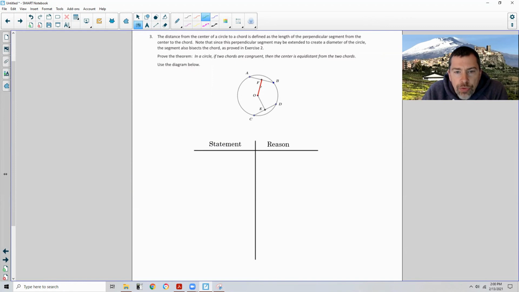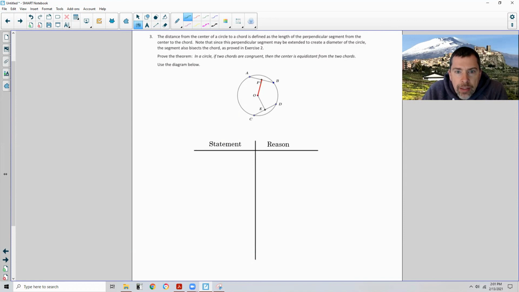So we just proved that if we drew a line from the center of a circle through a chord and was bisecting that chord, then it would be perpendicular. So the distance from the center of a circle to a chord is defined as the length of the perpendicular segment from the center to the chord.